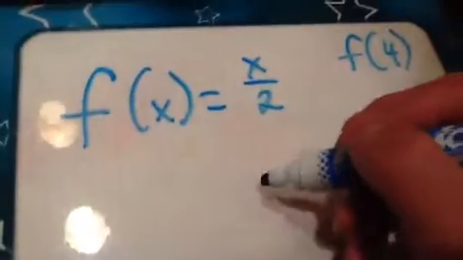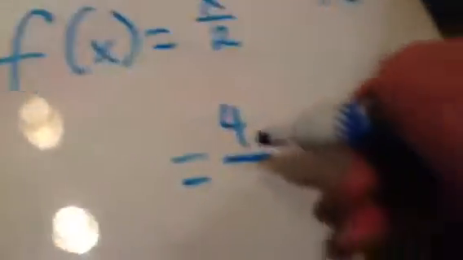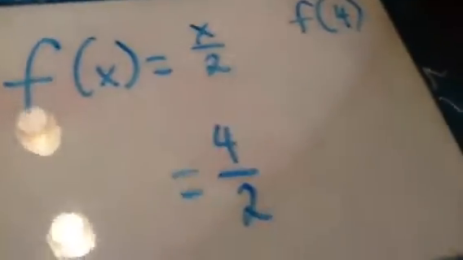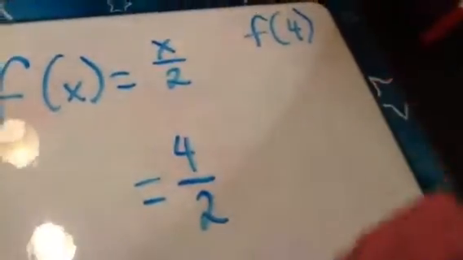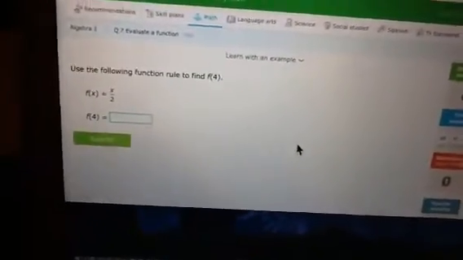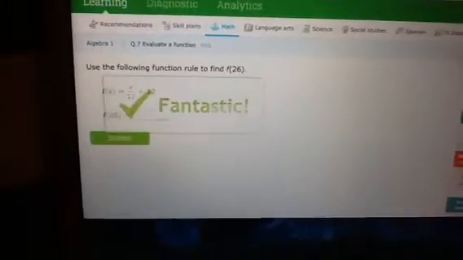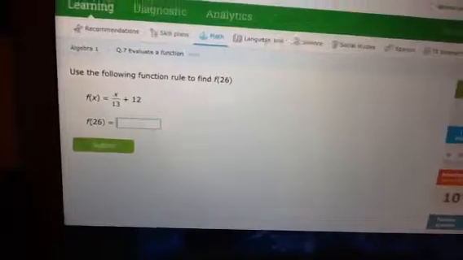So now all I have to do is put that this is equal to 4 divided by 2. Now I could type that into my calculator, but being the smart person I am, I know that 4 divided by 2 is 2. I'm going to come over to my computer screen, put in 2, and I am fantastic.